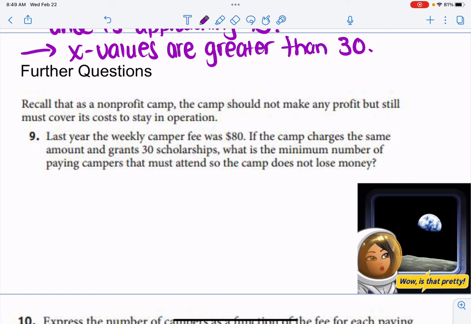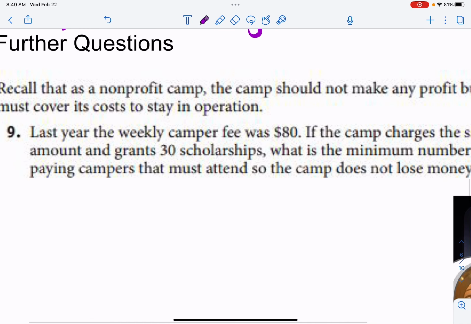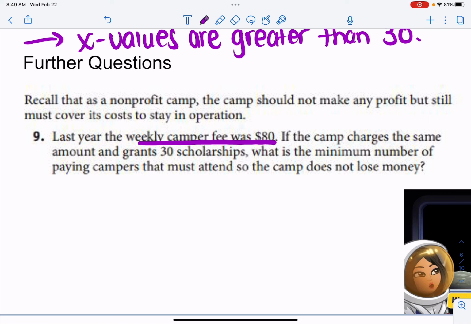Here's what I want to think: the fee was $80 per camper. So in other words, what you're trying to find is x, and you're given f of x.